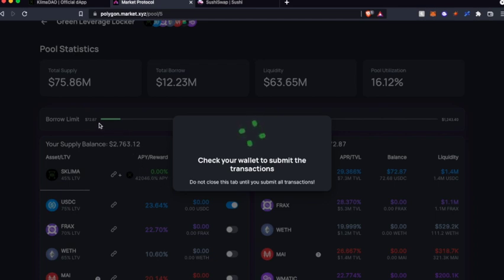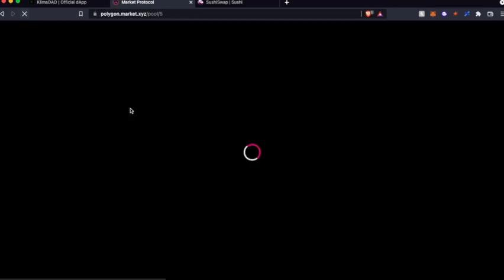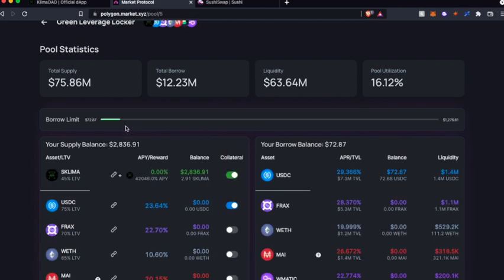Now since I bought $72 worth of Klima, it would have improved. Okay, it's come down to 5.7%. Since you've added some value into your Klima, you can again borrow.